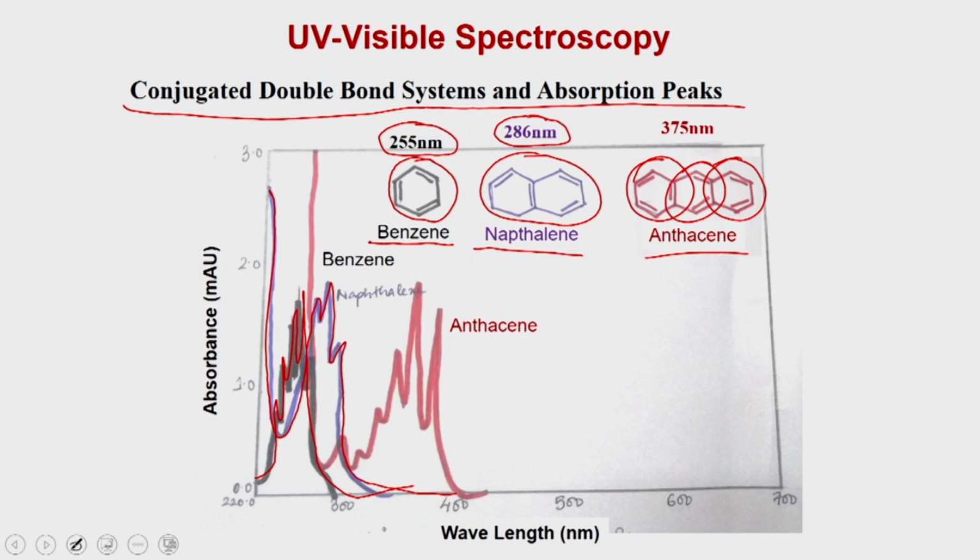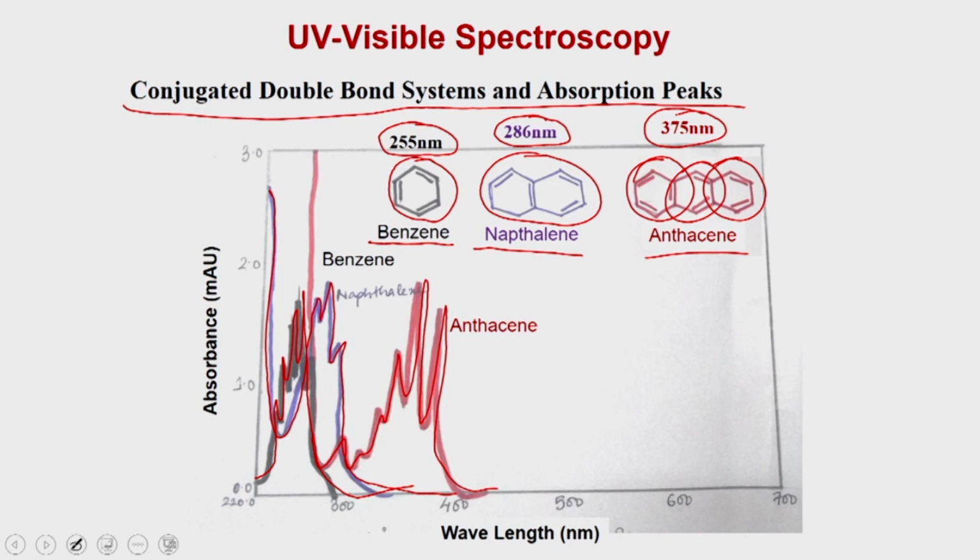Compared to that, when you bring in three conjugated rings, you will see a clear, very large shift compared to benzene or naphthalene, and it gives a lambda max at 375 nanometer.